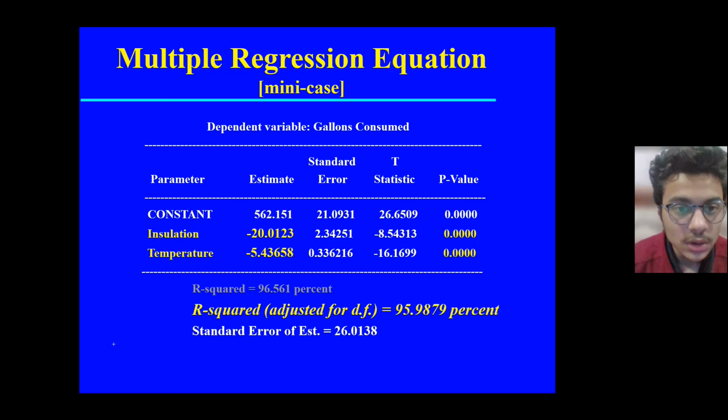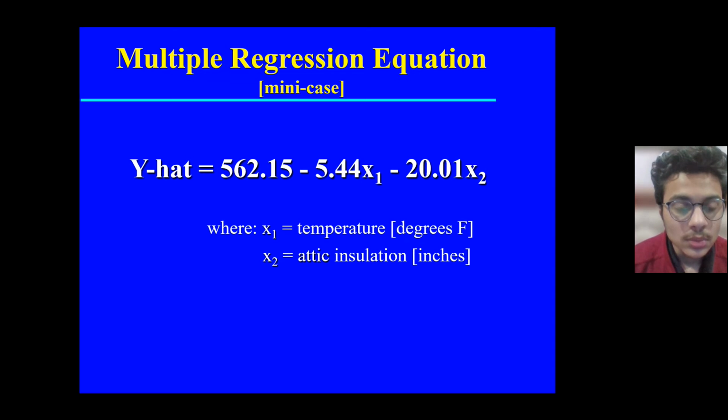Multiple regression equation. This is the data that we are going to use. It is showing parameters, estimate, error, statistics, p-value. Continuing on, this is the final equation that we got, where x1 is temperature in degrees Fahrenheit and x2 is attic insulation.